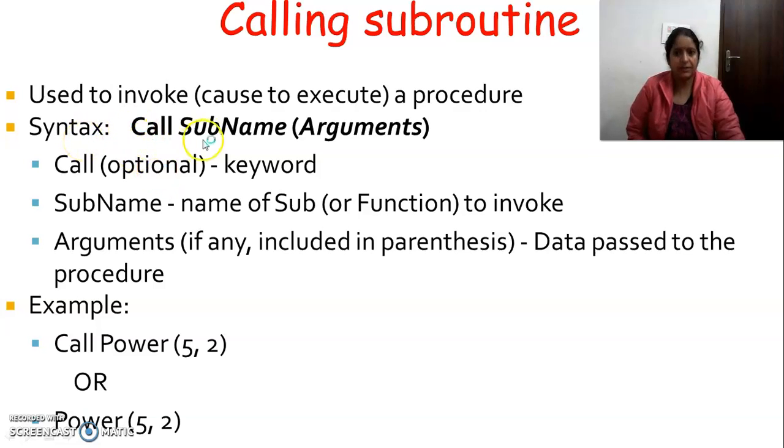Call is the keyword, subname is the name of the subroutine, and the arguments or the argument list are given in brackets. As you see on the screen, one example of calling a subroutine, that is power, with the help of the call keyword and without the call keyword. 5 and 2 are the actual arguments.